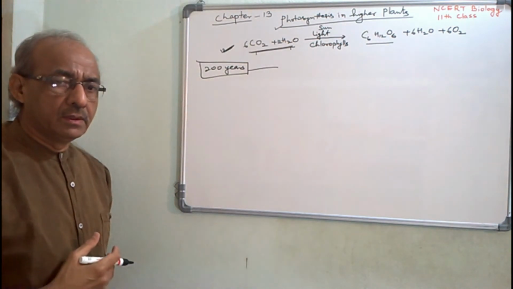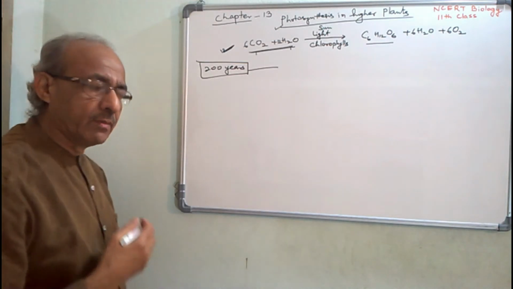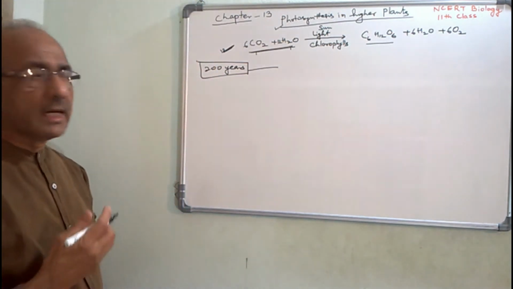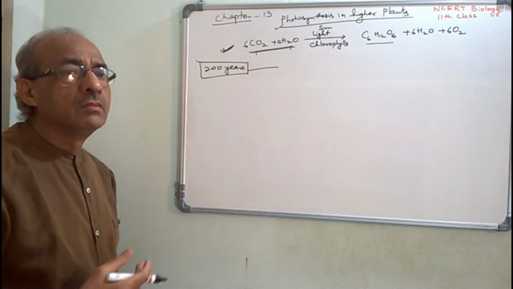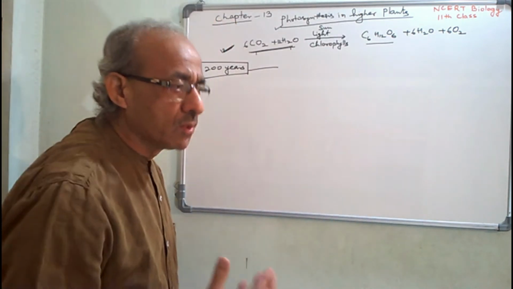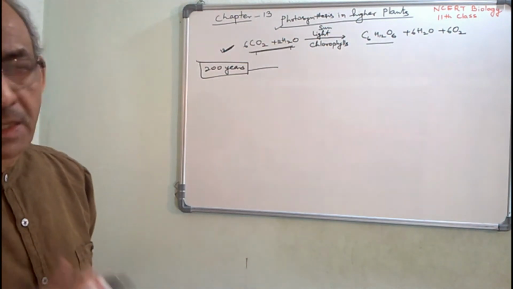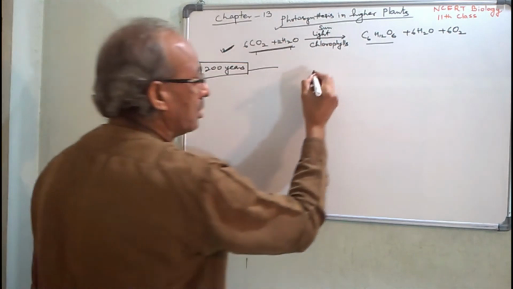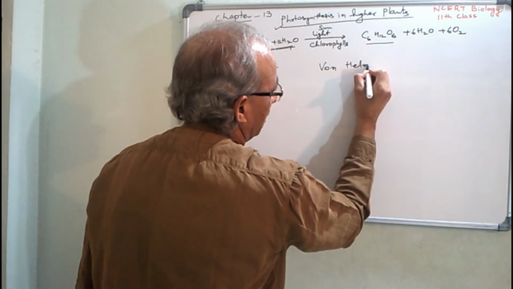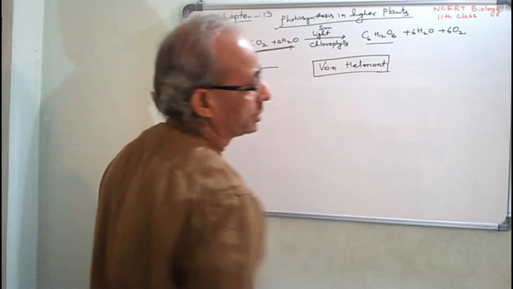But later on, a scientist did a certain experiment, and by his experiment he propounded that not only the soil is responsible for the production of food inside the body of the plants. That scientist was von Helmont.